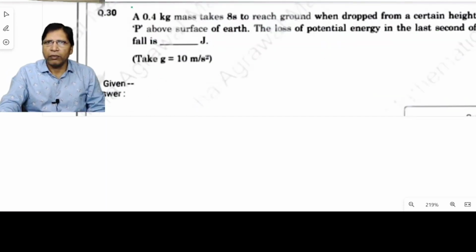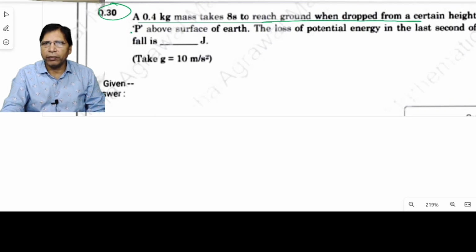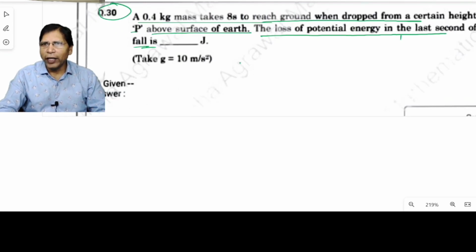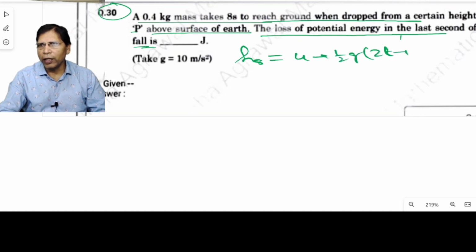Okay, now question number 30. A 0.4 kg mass takes 8 seconds to reach the ground when dropped from a certain height above the earth's surface. What is the change in potential energy in the last second of fall, in joule? Now we have to calculate the distance traveled by the 0.4 kg mass in the 8th second. So the distance h8 equals u plus half g into 2t minus 1.